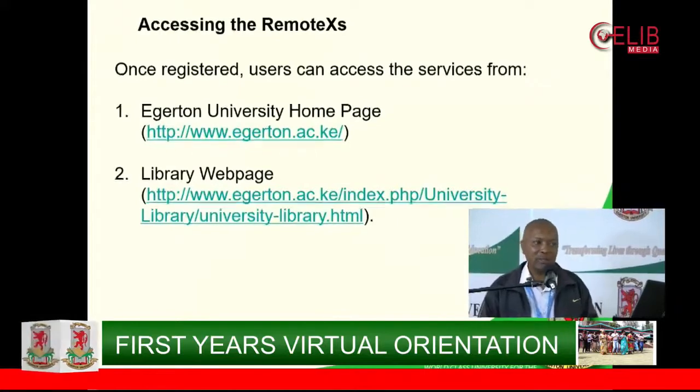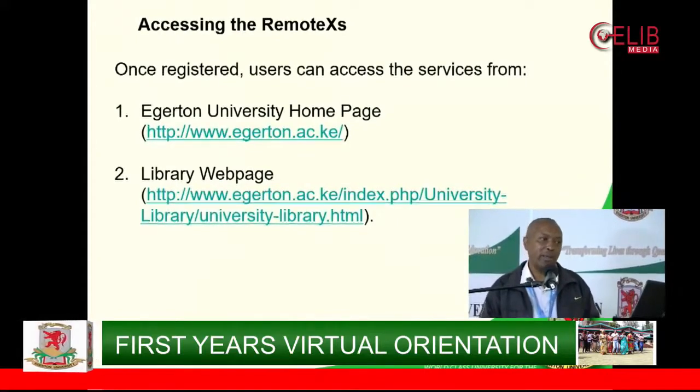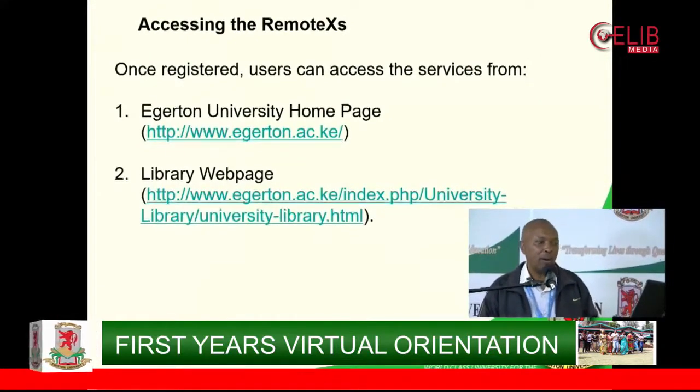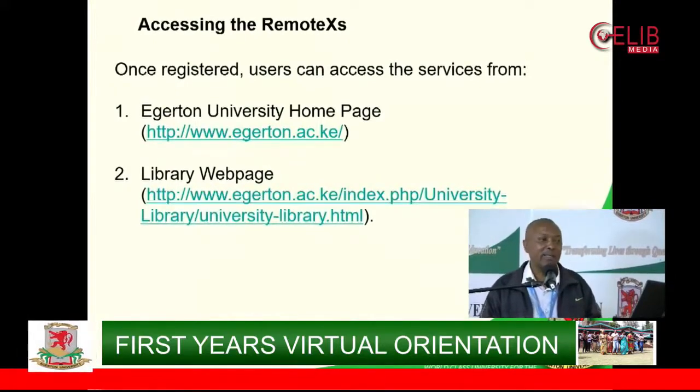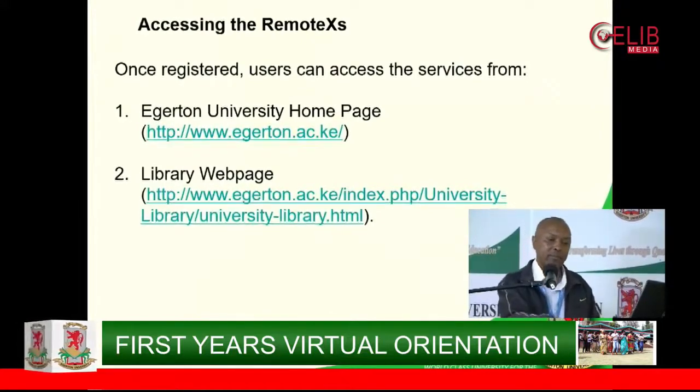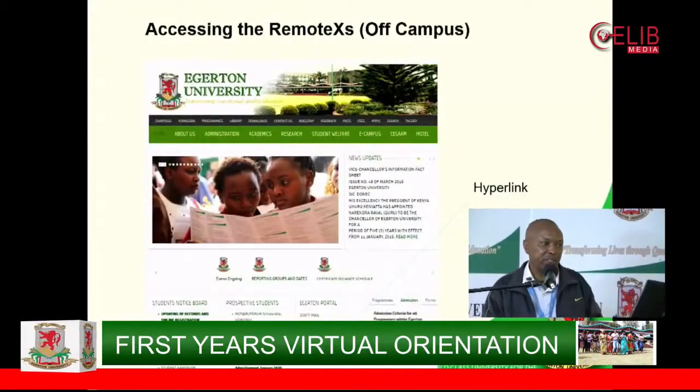Again, once you register, there are two ways of accessing our resources through the platform. We are lucky to be embedded in the homepage of Egerton University, and we have a link also in our library page.